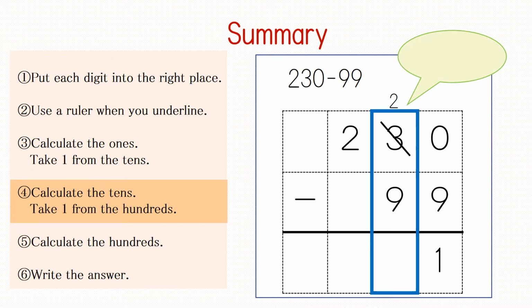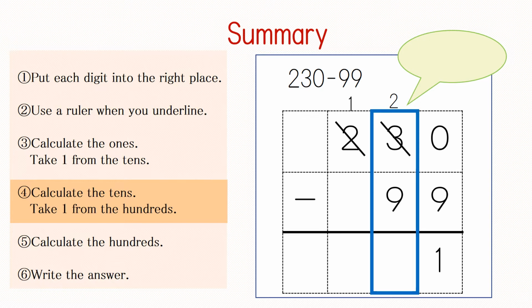Next, calculate the tens. Because we took 1 from tens, the calculation in the tens place is 2 minus 9. But we can't calculate 2 minus 9. So take 1 from the hundreds. Draw a diagonal line on the 2 in the hundred place.